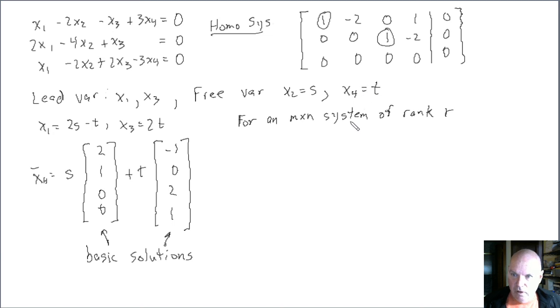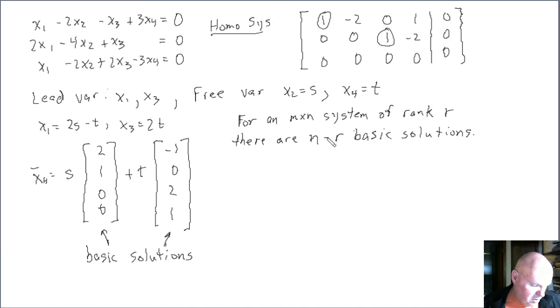So for an m by n system of rank R, there are n minus R basic solutions. I said this is 3 by 4, so n is equal to 4. It's rank 2, so there are 2 basic solutions.